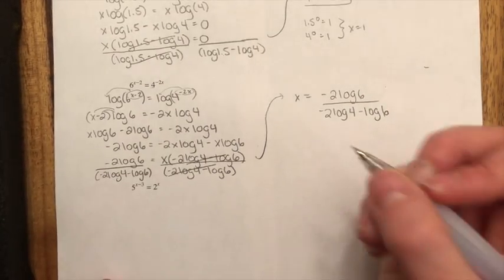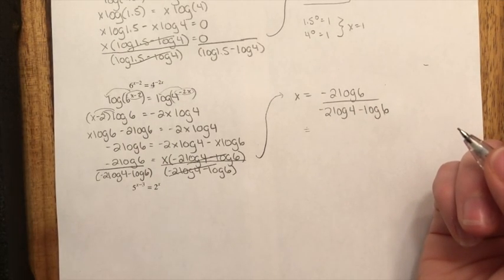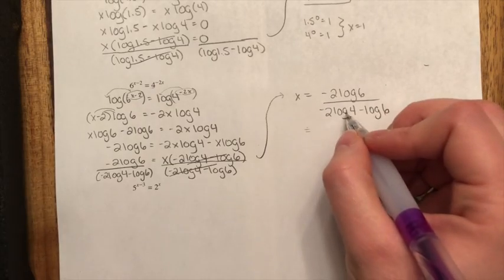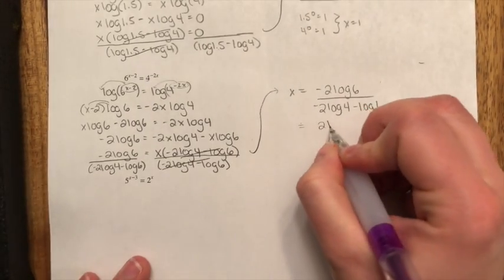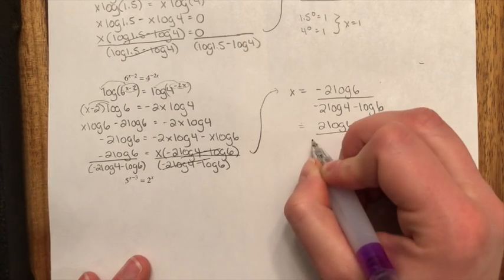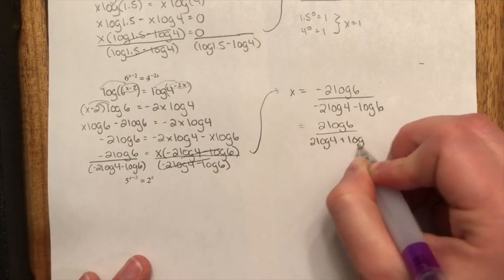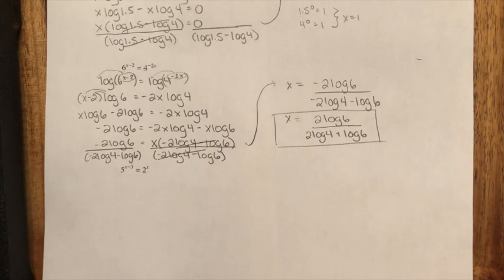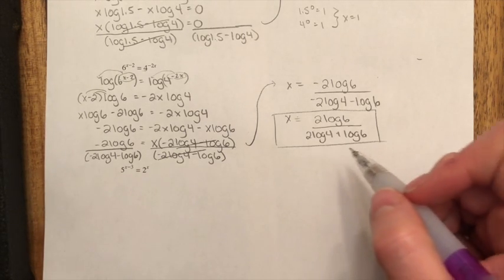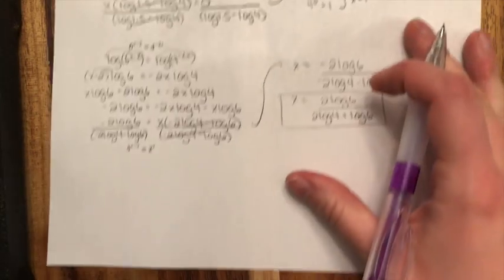One thing that would clean this up a little bit is dividing each term by a negative 1. This divided by a negative 1, this divided by a negative 1, this divided by a negative 1. That would make all of those terms positive. If you didn't do that though, that wouldn't be a big loss of marks or anything. That just cleans it up a little bit. So there's our answer, and again, it's in exact values. We don't want to get rid of the logs. We don't want to punch this into our calculator or anything.